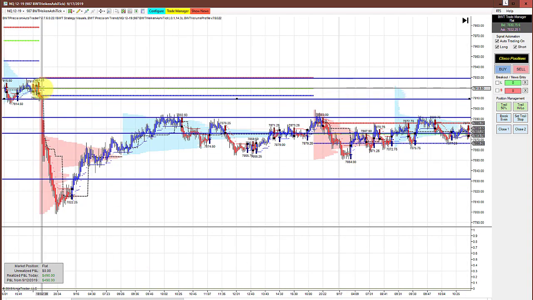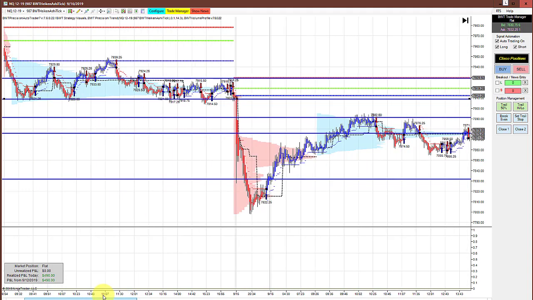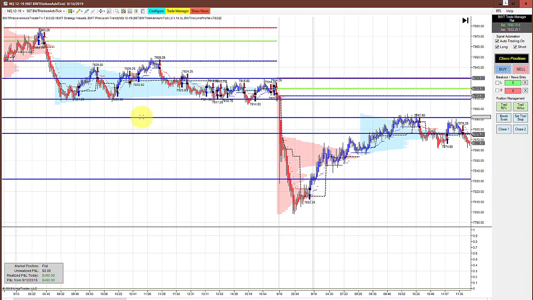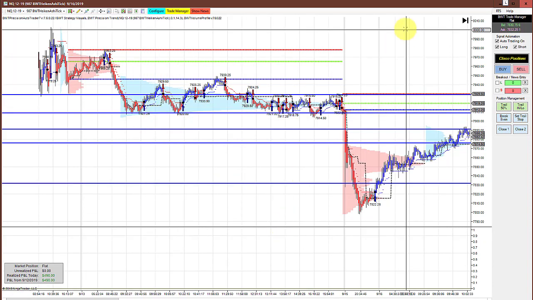Going back further, a high volume node here, more at 17, but the close of this day was here, 79.10, the lows of the session. Look how many times it bounced off this 79.10 on the 13th, which was last week. So if I went back further, I'm sure there's a reason for this level to be so important.